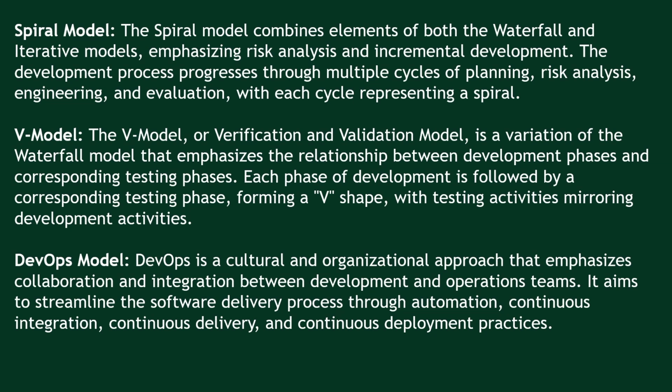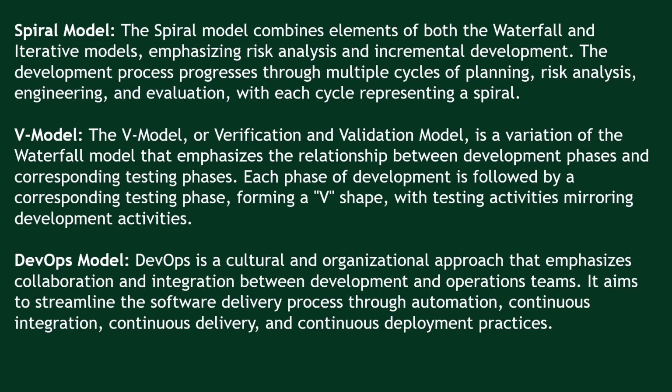The V model, or verification and validation model, is a variation of the waterfall model that emphasizes the relationship between development phases and corresponding testing phases. Each phase of development is followed by a corresponding testing phase, forming a V shape with the testing activities mirroring development activities.